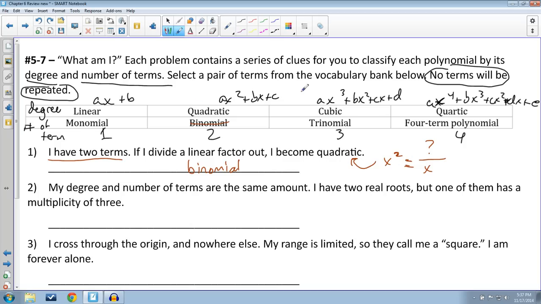So not quadratic, but cubic. So this is a cubic binomial. Okay. So that's what that thing's called, a cubic binomial. It's 2 terms, just like x cubed minus 8, or whatever the thing was, cubic binomial.